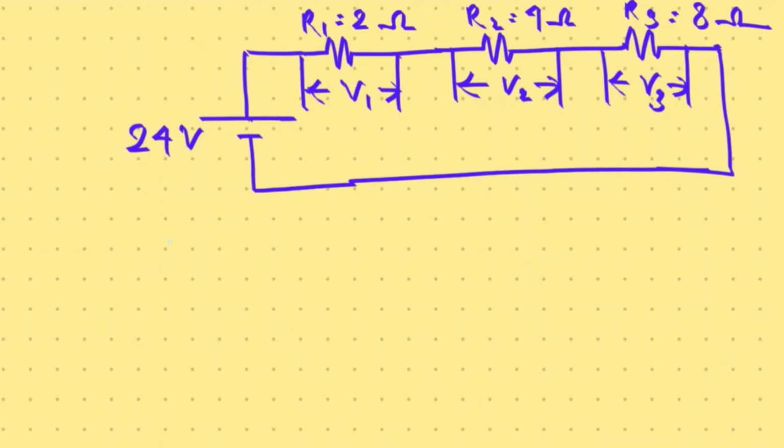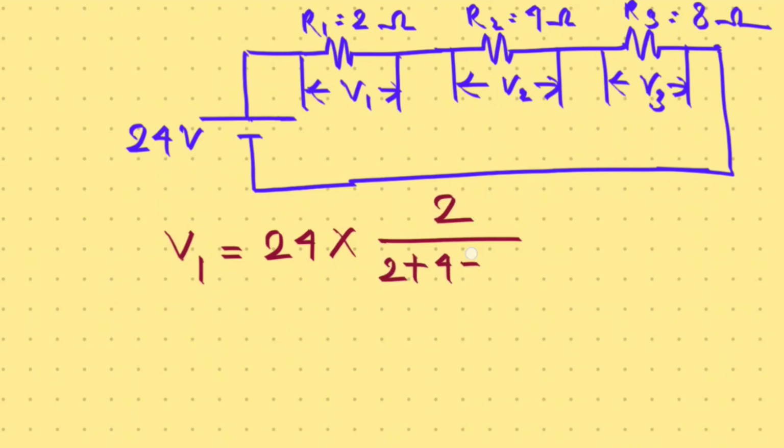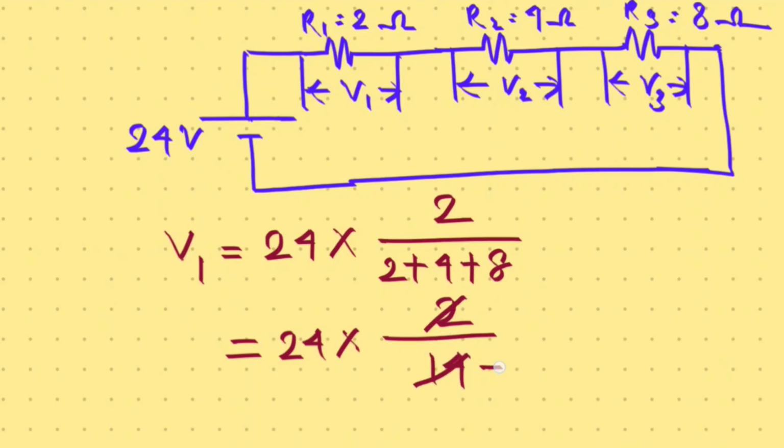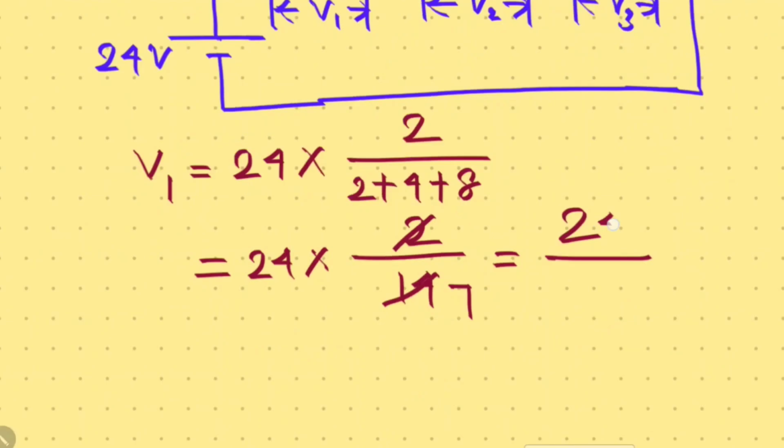So V1 is equal to the total voltage, that is 24, into the resistance across which we are finding the voltage, that is 2, by the total resistance, that is 2 plus 4 plus 8. So how much? 24 into 2 by 14, this is 7, so that is 24 by 7 volt.